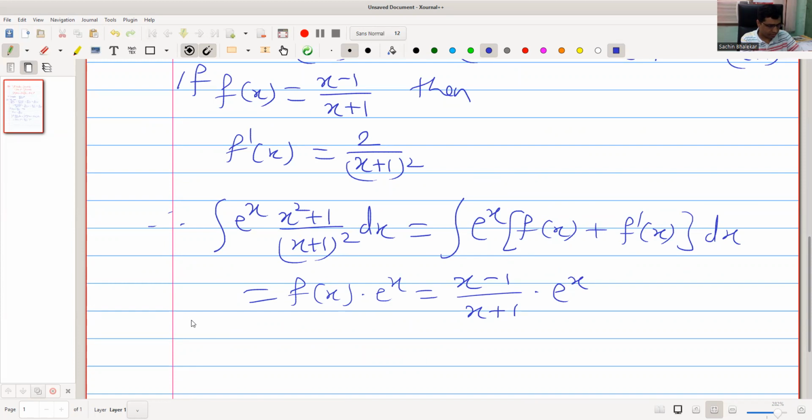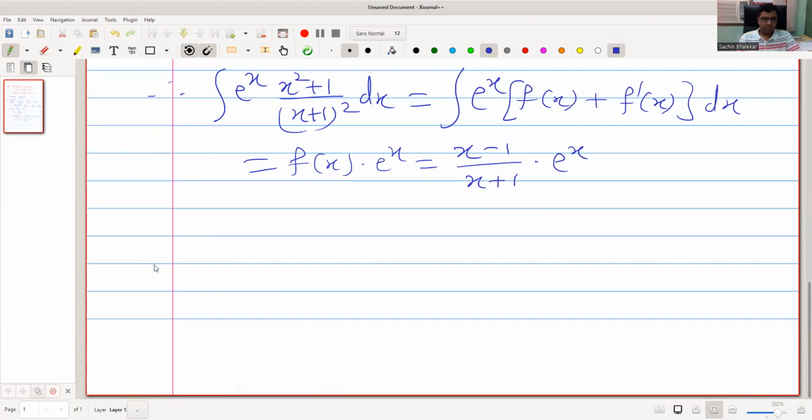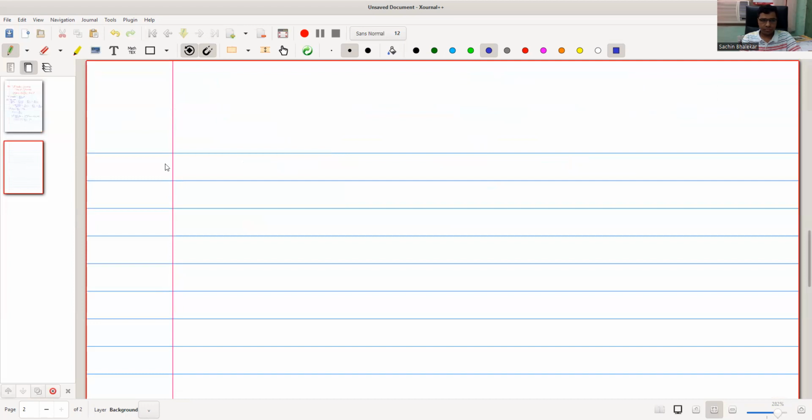Next example. Evaluate. We are asked to evaluate two things. First integral, let us call it I1.